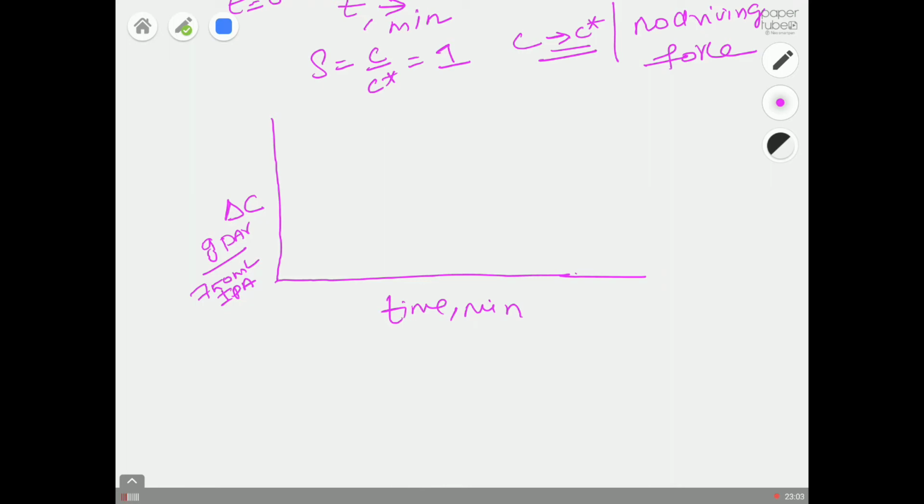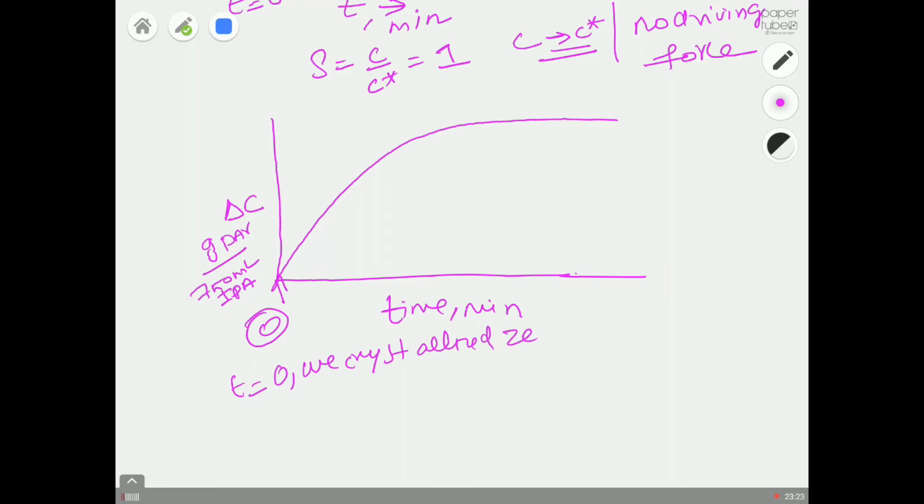And then what we get when we plot is something like this. It will start from 0. What does that mean? When time t equals 0, we have crystallized 0 mass. But with time it will increase progressively, and then eventually it reaches some saturation point.